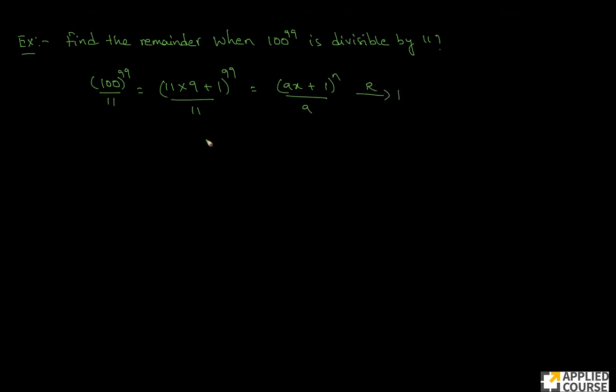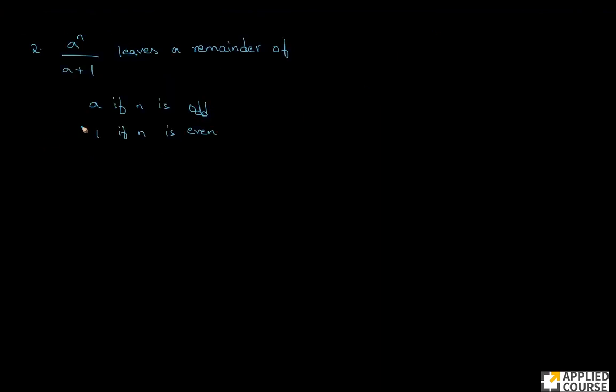So for this also the remainder should be 1. You can solve this problem in the normal way also. In the normal way also it is easy. No need to worry about that. Good.